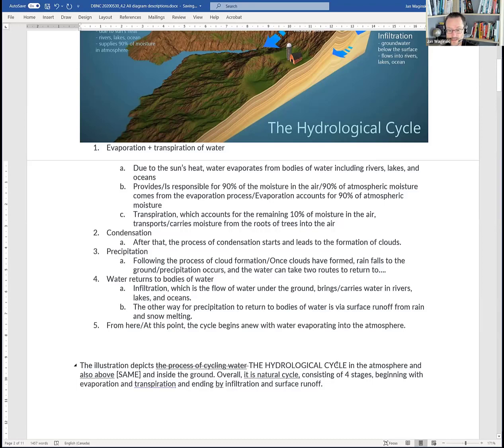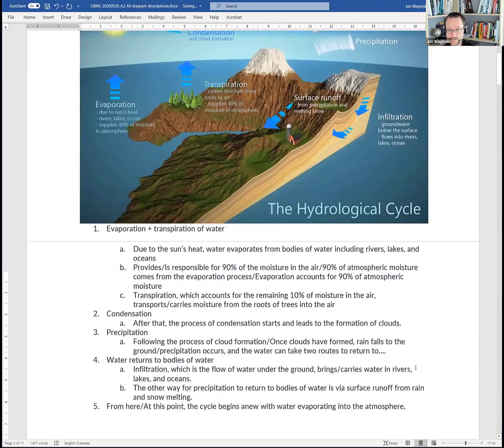It's the hydrological cycle in the atmosphere, on the ground, and under the ground.